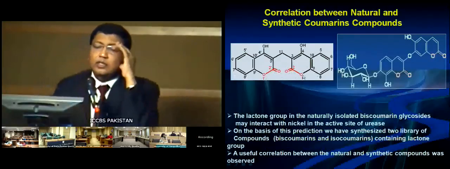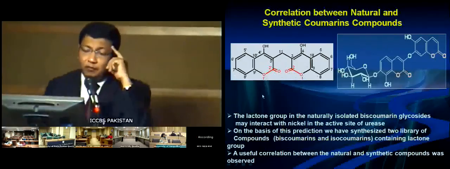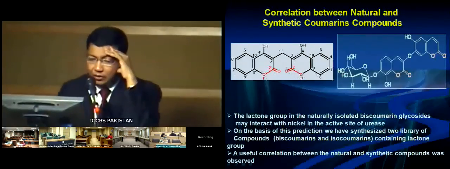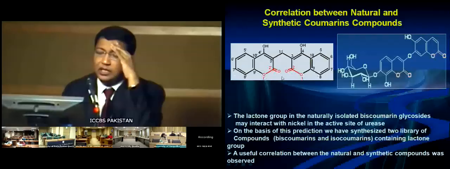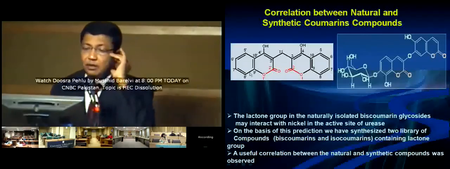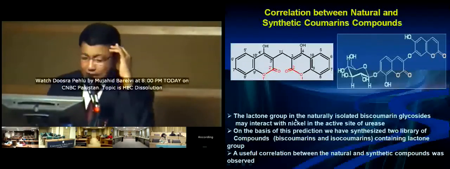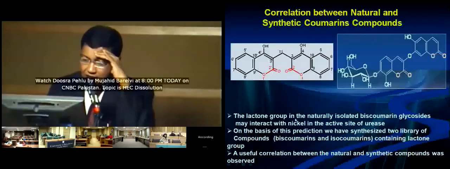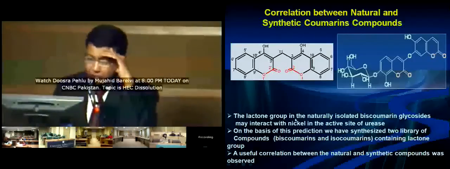So what was the assumption? The assumption was that if this lactone is active, then we should be able to see an increase in intensity by STD of 8, 7, and 6, which are close to this. And that precisely happened. This is the STD NMR spectrum.